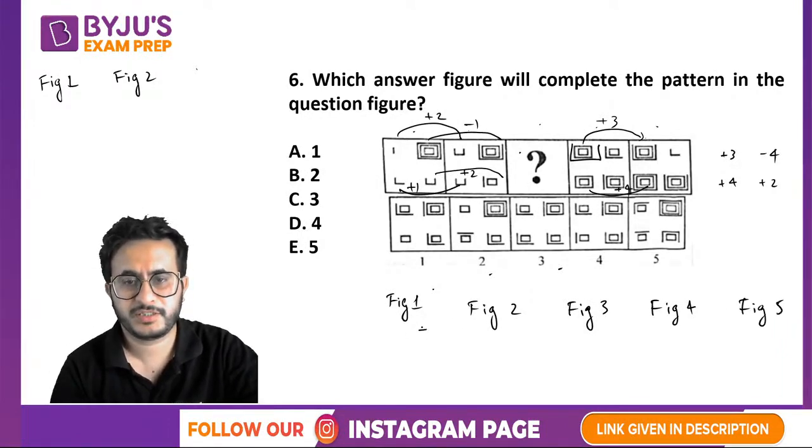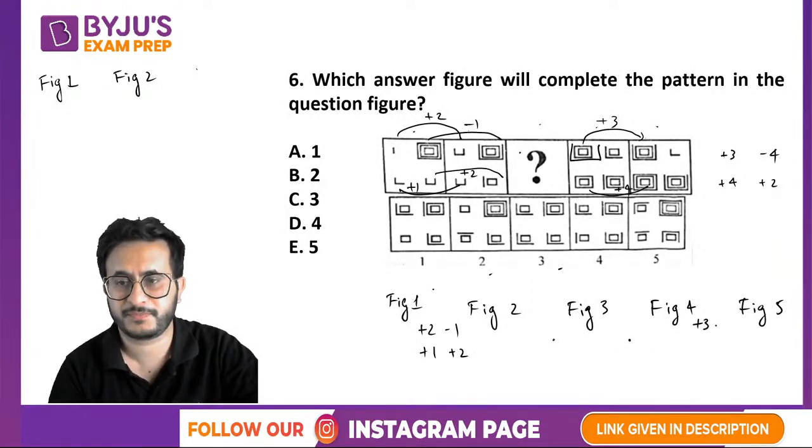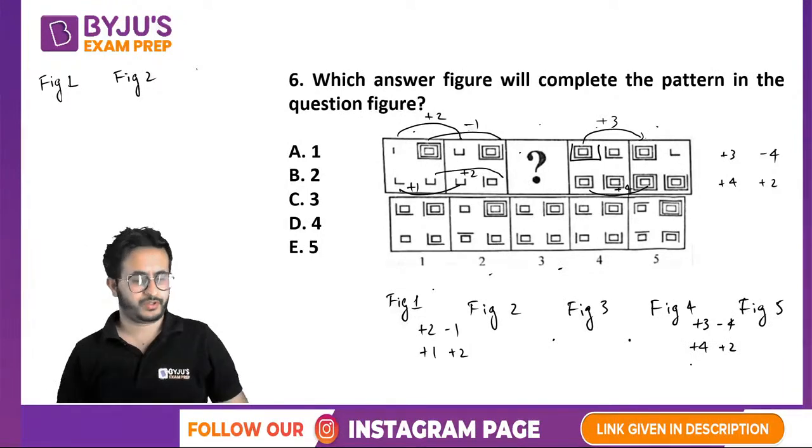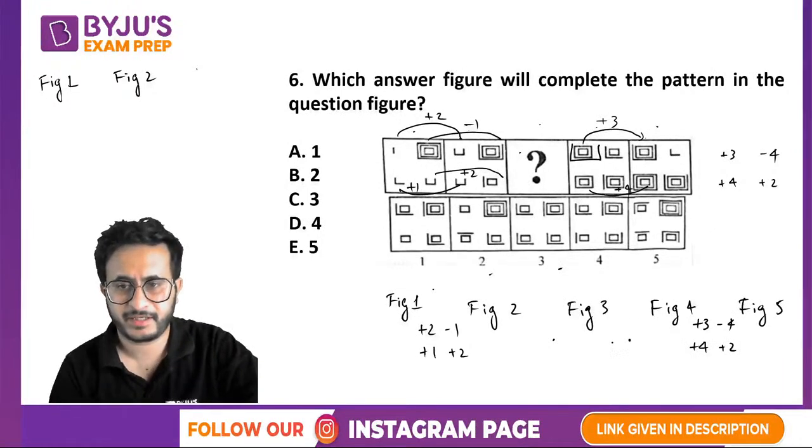So the transition is +2, -1, +1, and +2. We have to find what change came from figure 2 to 3; from 3 to 4 we do not know. Figure 4 to 5 we know that this is +3, -4, +4, and +2. Okay, so that is the final transition.